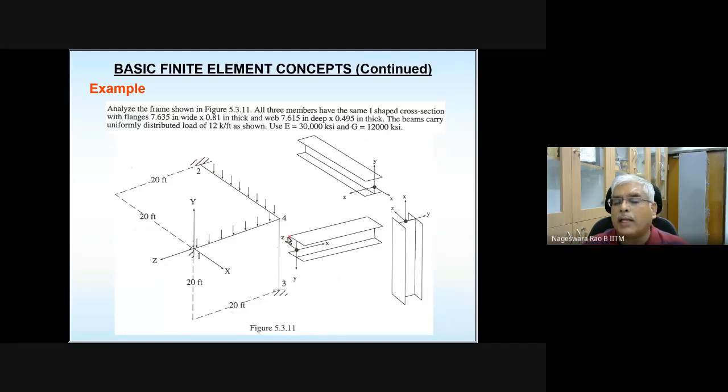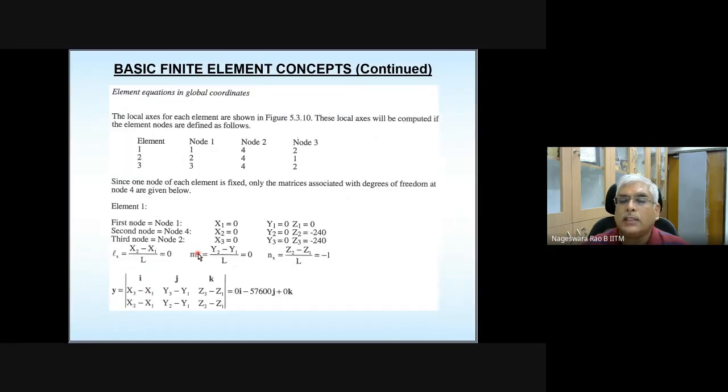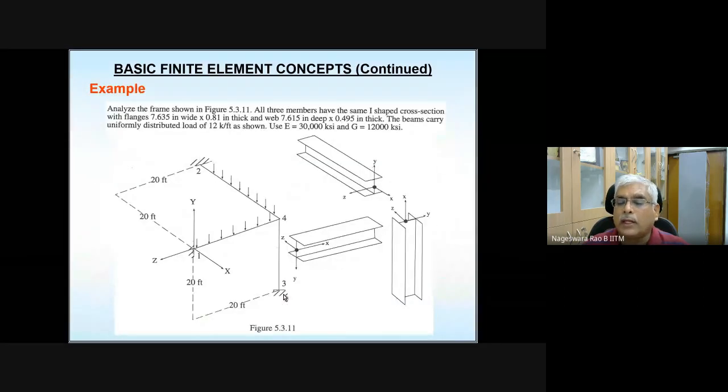Similarly, for the second element, this is identified as node 1, node 2, and this is node 3. And for the third element, this is node 1, node 2, and this is node 3. So we'll see what is the need for it.